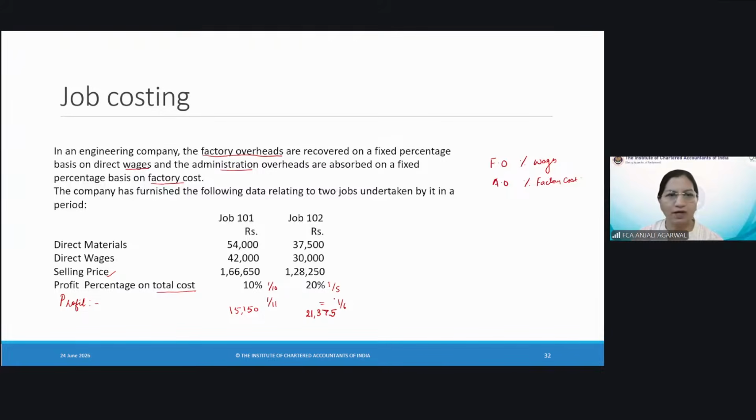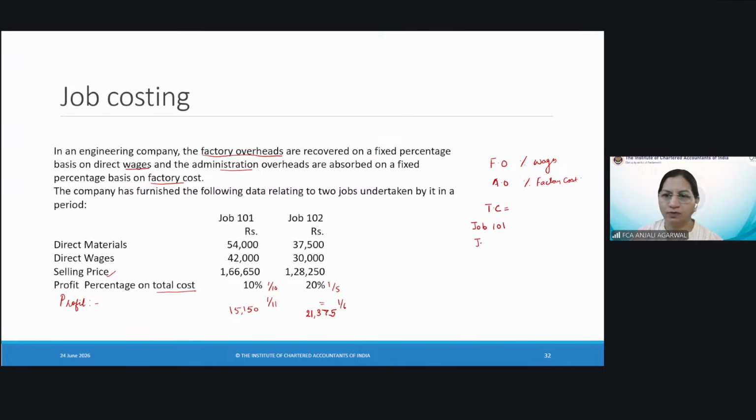So once you have subtracted the profit, only factory and administration overheads remain. That means you will find out the total cost of both the jobs. For job 101, the total cost is 1,66,650 minus 15,150.